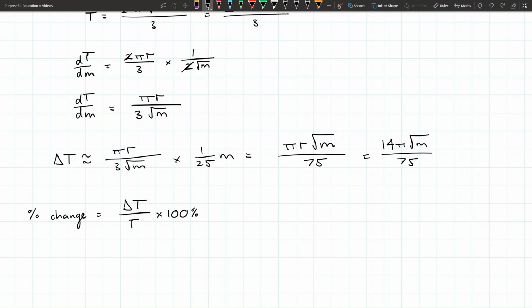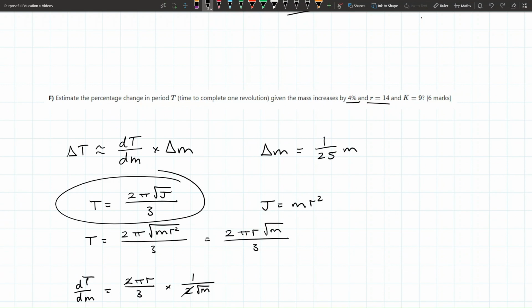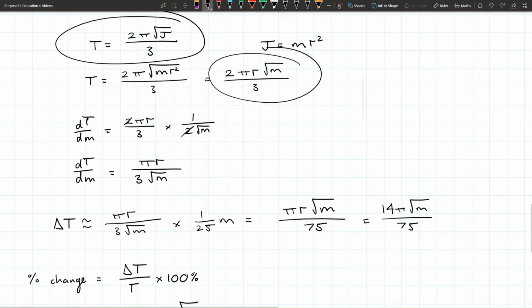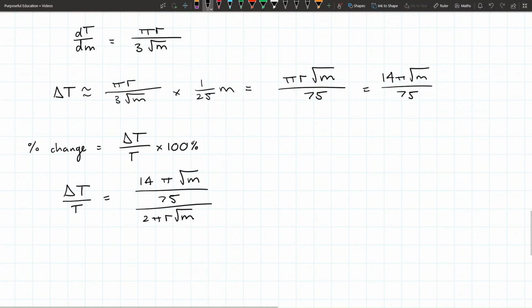So in this case, change in t over t is equal to our 14 pi square root of m over 75 divided by the original t, which is given here. So 2 pi r times the square root of m divided by 3.